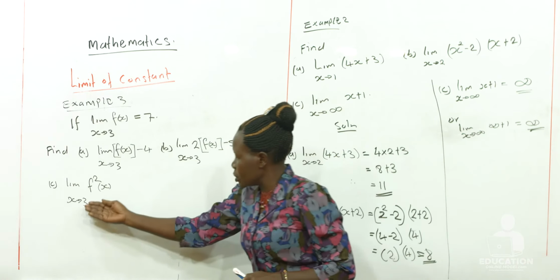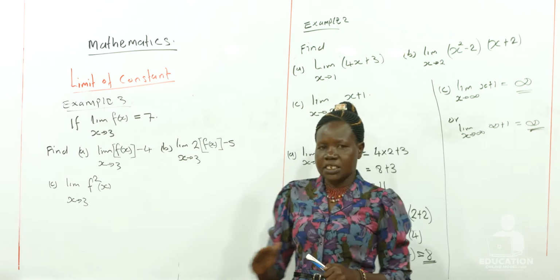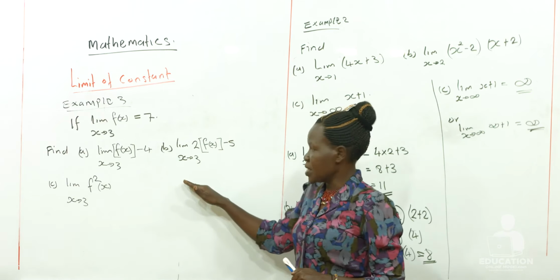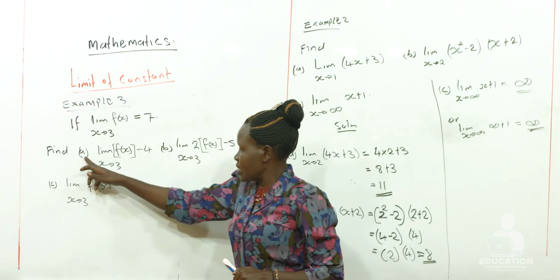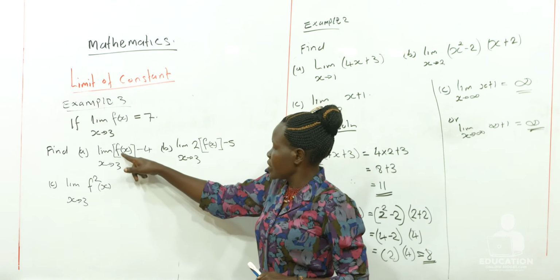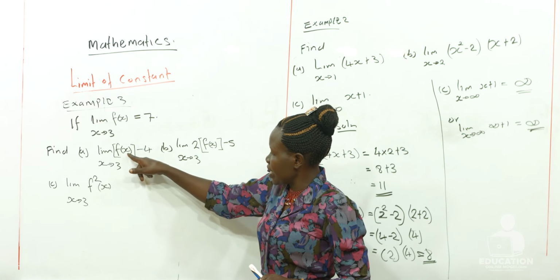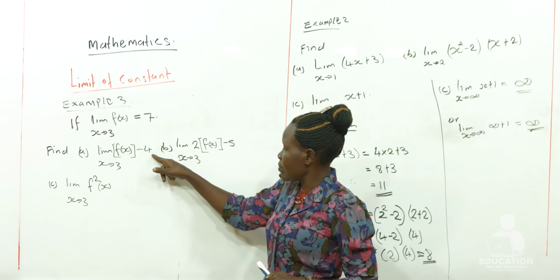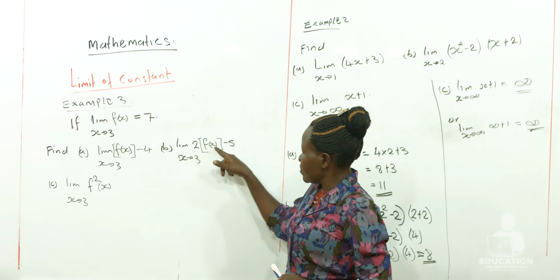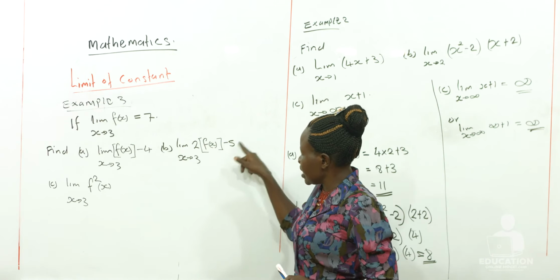When you come to the equations here, you find that f(x) is a constant in every equation. Part A says the limit as x approaches 3 of f(x) minus 4. And then B, the limit of 2 times f(x) minus 5.